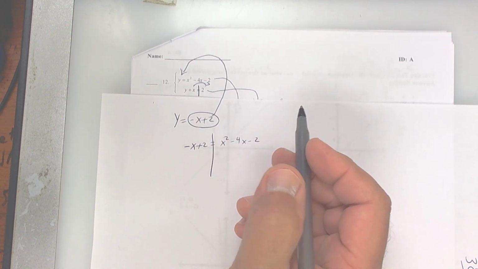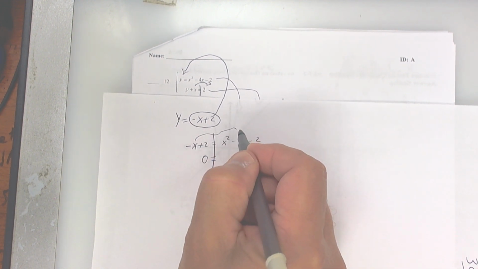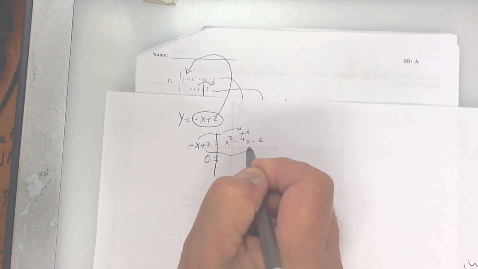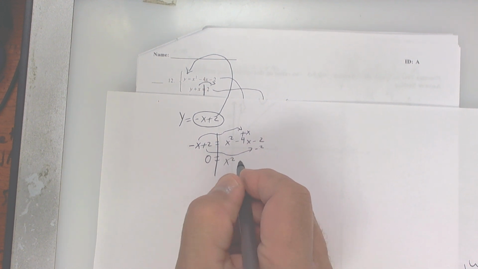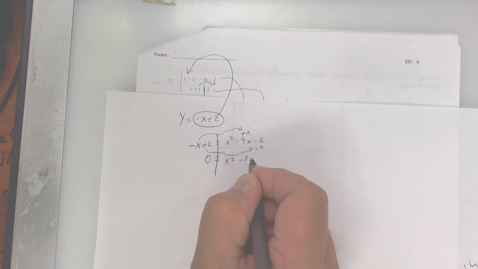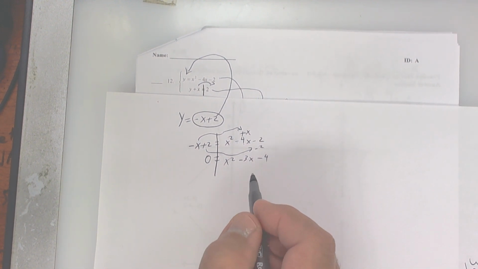Now you're going to get it equal to 0 just like you did before. So you're going to move the x over here, that becomes a plus x. You're going to move the 2 over here, that becomes a minus 2. So you're going to end up with x squared, negative 4x plus x is a negative 3x, and then this is a negative 4. Then you're going to do the quadratic equation.